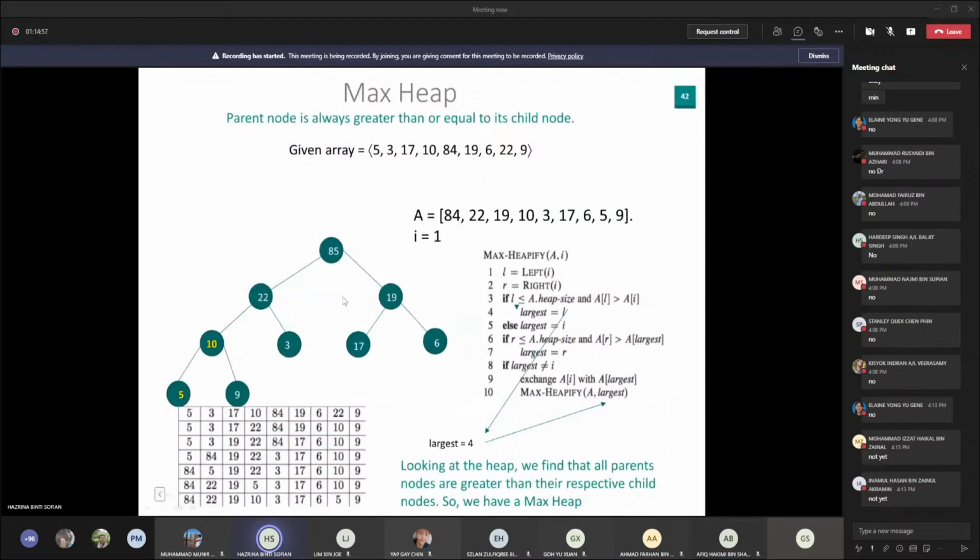But this max heap is still not heap sort yet. For heap sort, we need to add another 2 more steps.